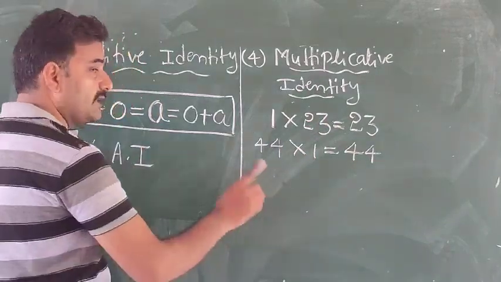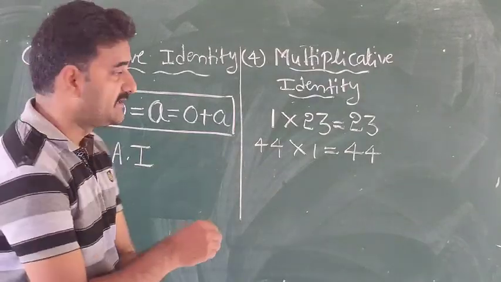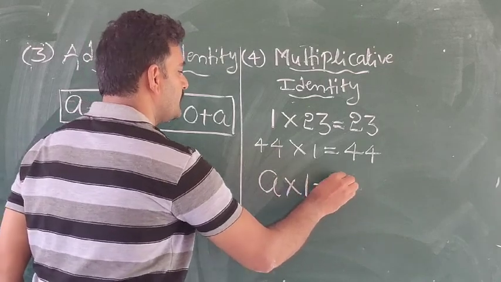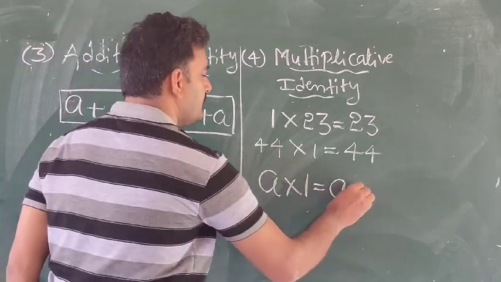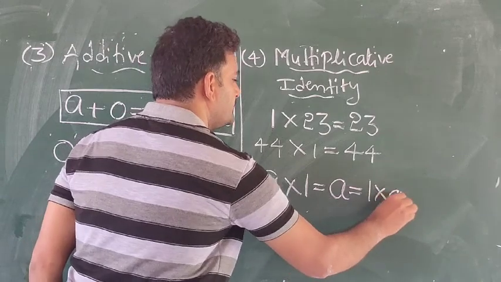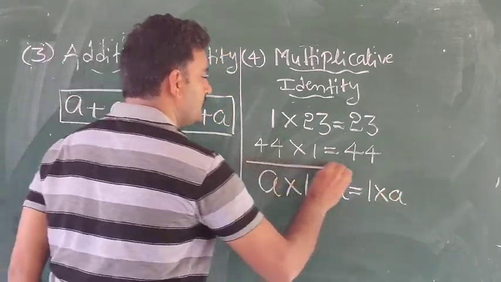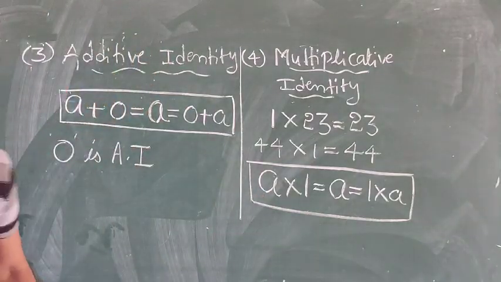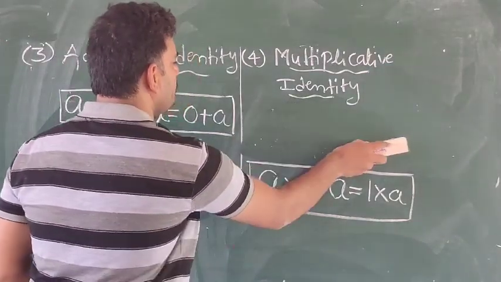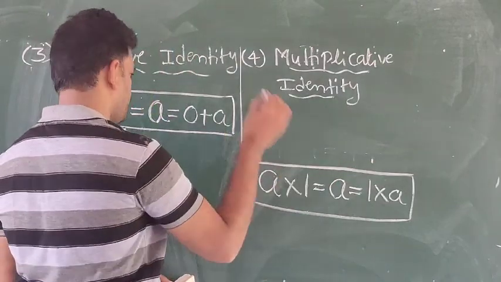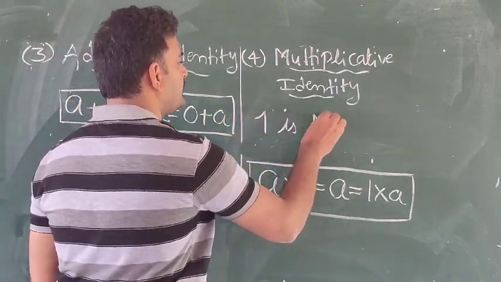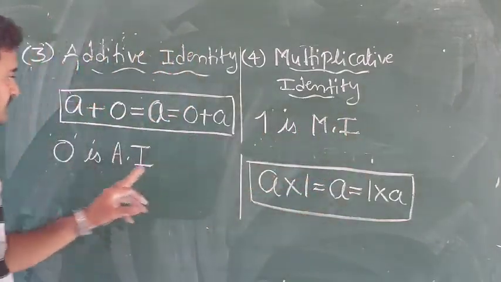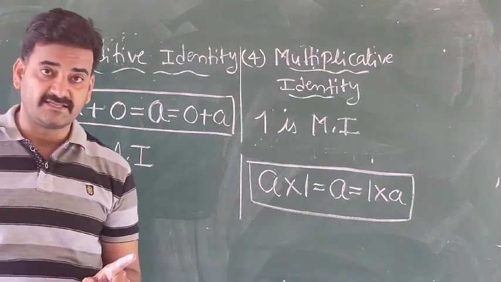That's why 1 is multiplicative identity. I can write in this form: a into 1 is equal to a. 1 into a is equal to also a. So 1 is multiplicative identity. Now you say 1 is multiplicative identity, 0 is additive identity. Okay?